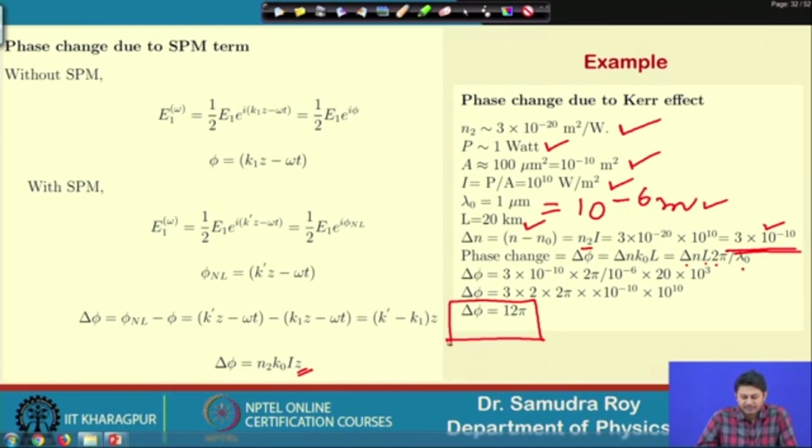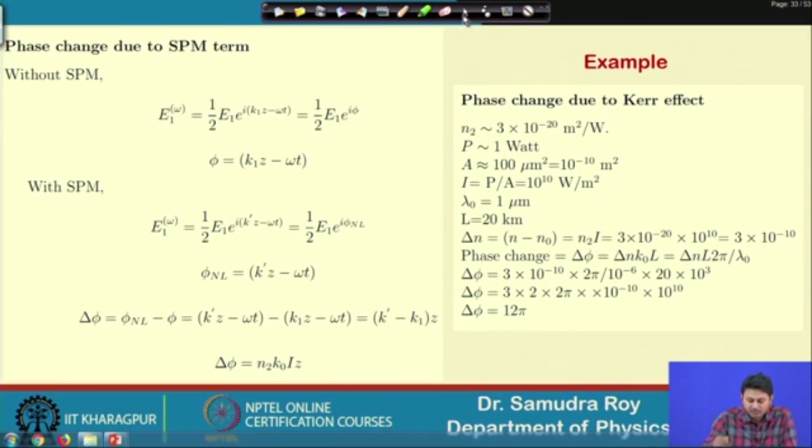That means if a pulse is launched, due to this nonlinear refractive index the phase is going to change, and it will change around 12 pi after a distance of 20 kilometers. So, if I go with the nonlinear fiber of 20 kilometers, the phase will change around 12 pi for this given set of parameters.